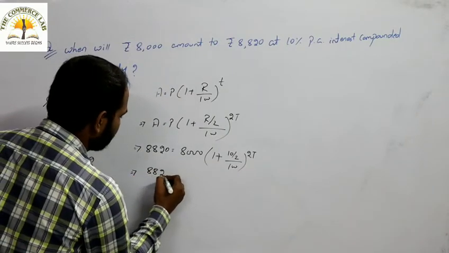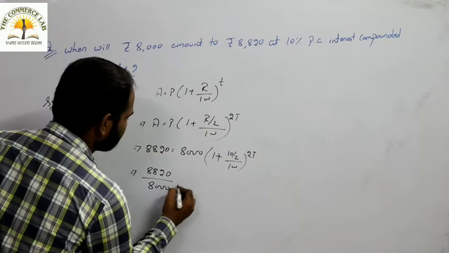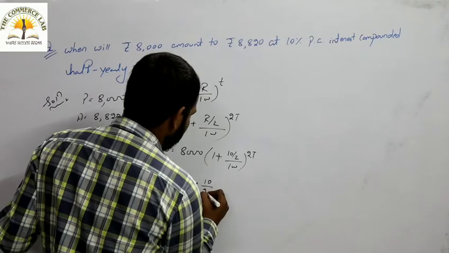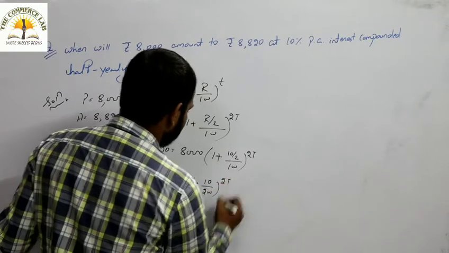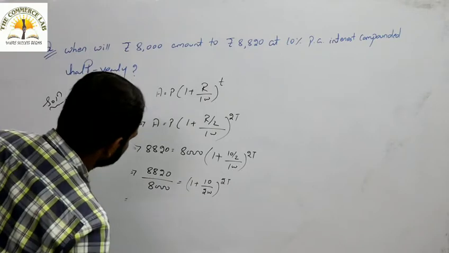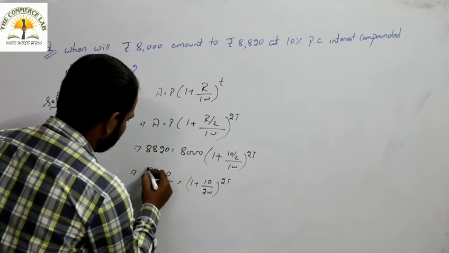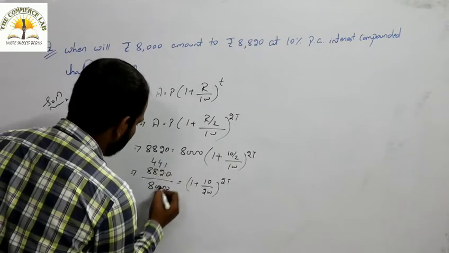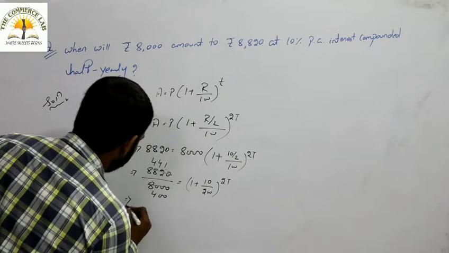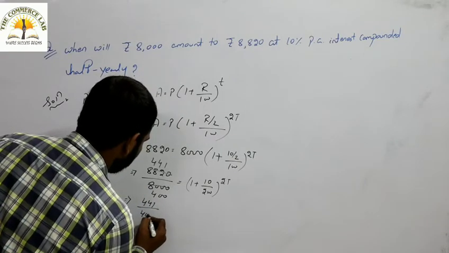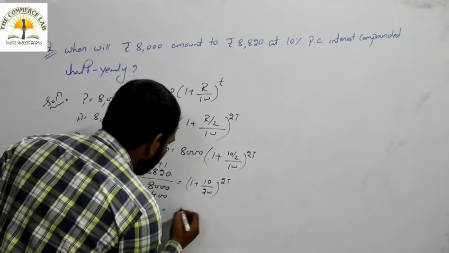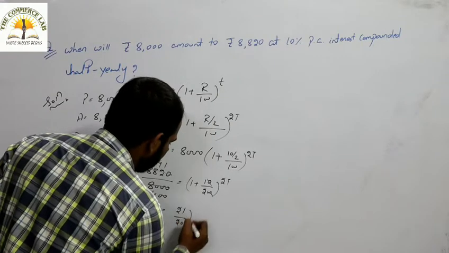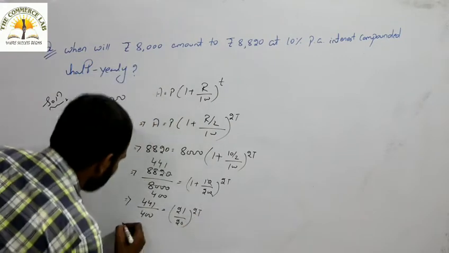So 8,820 by 8,000 is equal to 1 plus 10 by 200 to the power 2T. So after cancelling, it is your 441 by 400 is equal to 1 plus 10 by 200, zeros cancel, 1 plus 1 by 20 is your 21 by 20 to the power 2T.